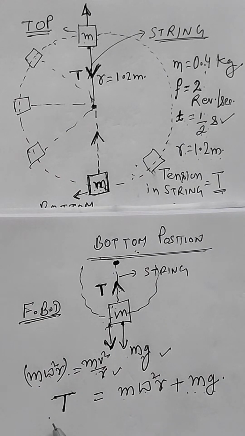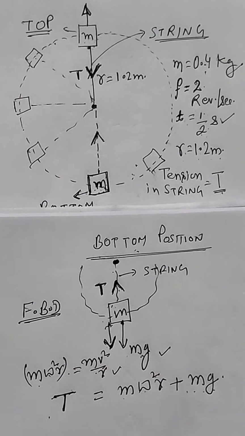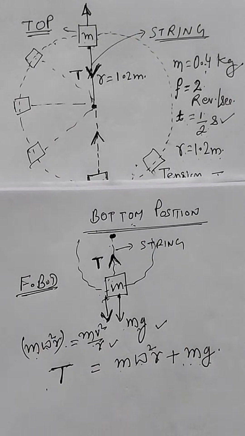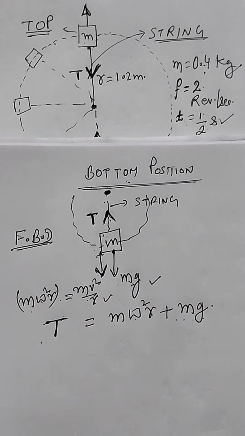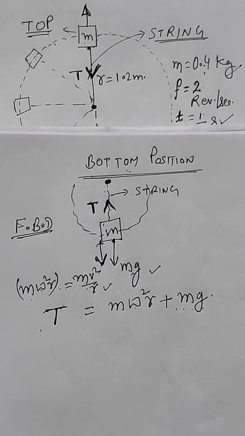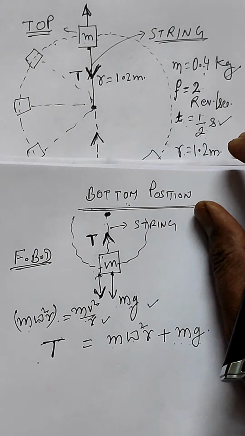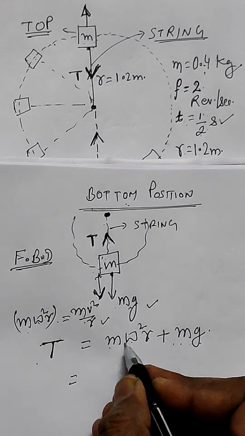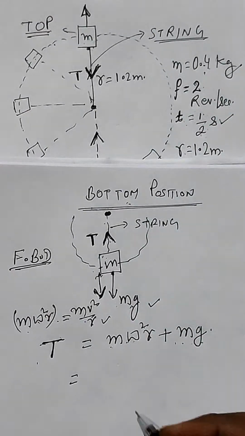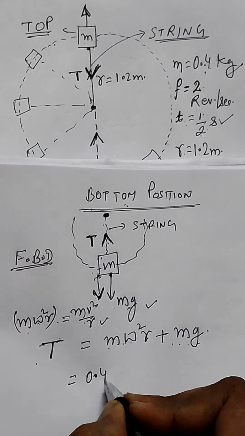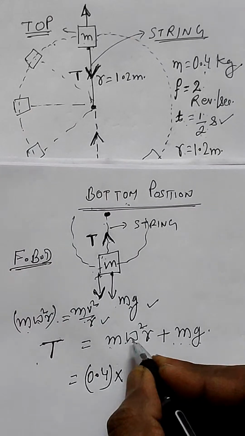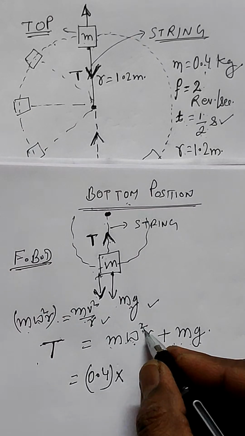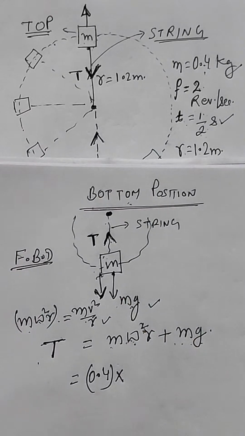Now this T is calculated. Here T is calculated as m omega square r plus mg. What is the value of m? It is 0.4 multiplied by omega square. We have calculated the value of omega.